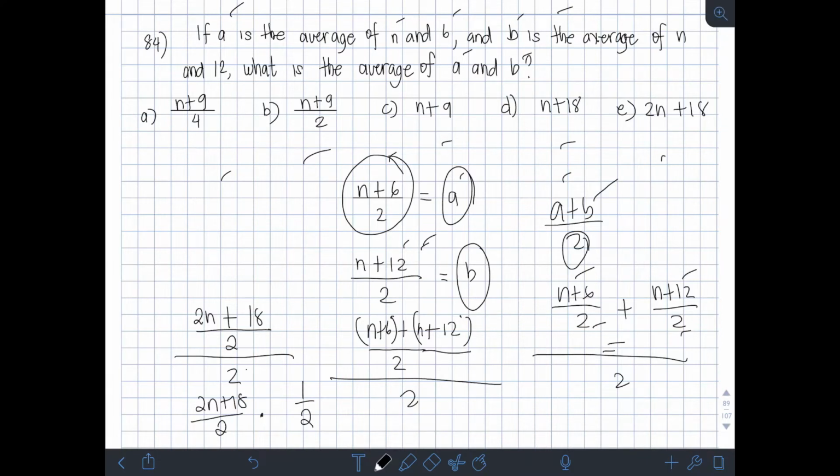So therefore, multiply natin, numerator times numerator is 2n plus 18 over 2 times 2, denominator times denominator is 4. So simplify na lang natin to. May common factor yung numerator natin na 2, so factor out natin yung 2, 2 times n plus 9 divided by 4. So, cancel si 2 sa numerator, yung 4 magiging 2 na lang. Therefore, ang final answer is n plus 9 over 2. So, the answer is letter B.